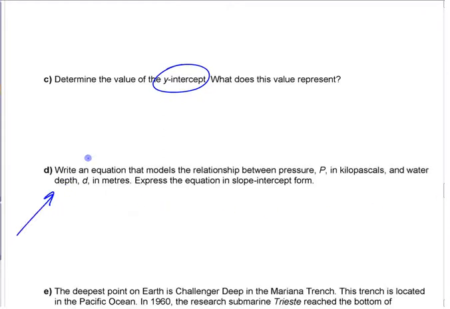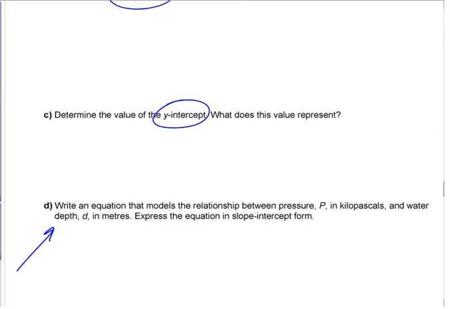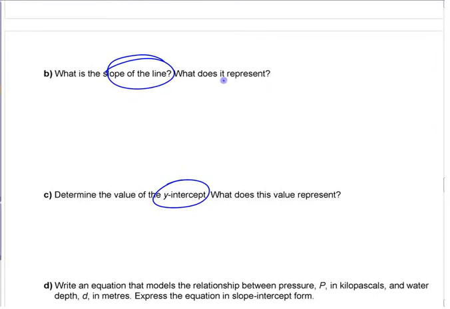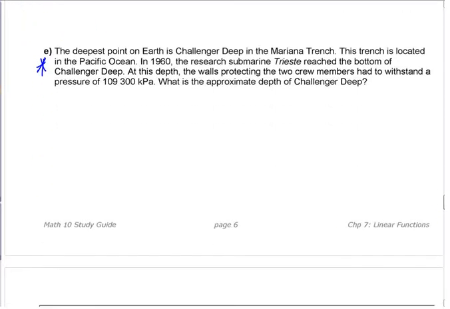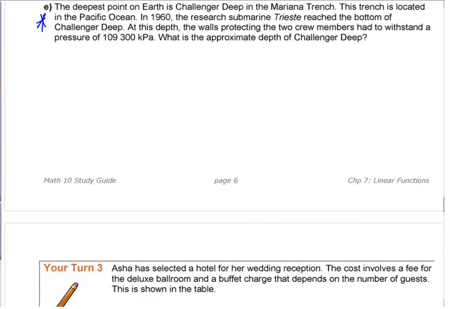Basically what you did in the warm-up today, only it's in an actual applied situation. When you're describing what the slope is and what it represents, include the units. Don't forget to put the units here. That's important to know. And then that's just thinking about using the equation and the graph to find a missing point.